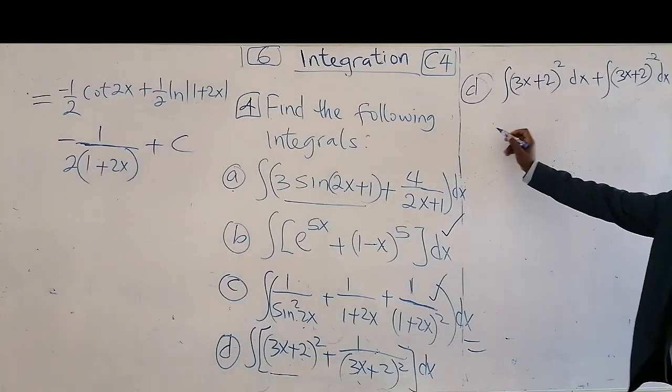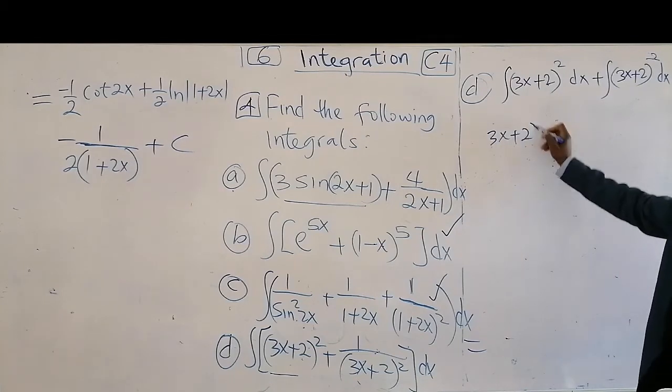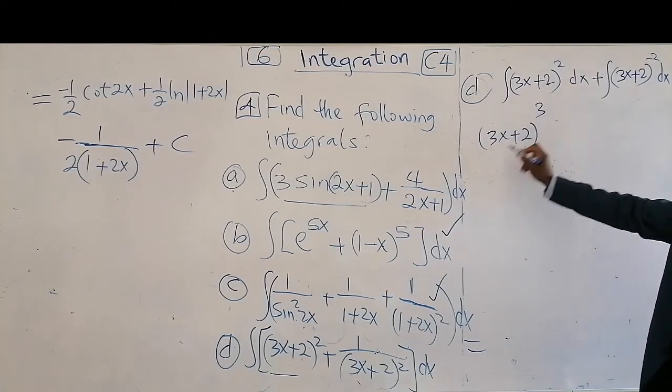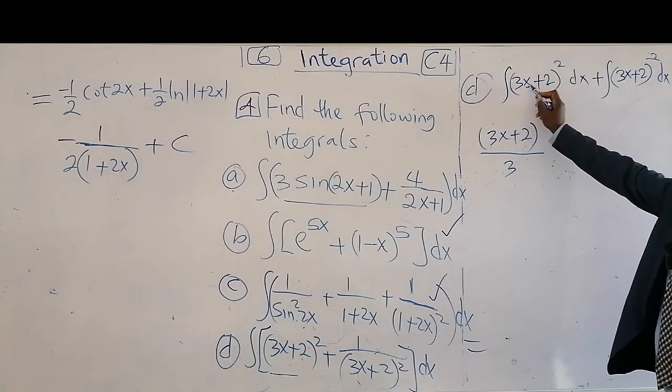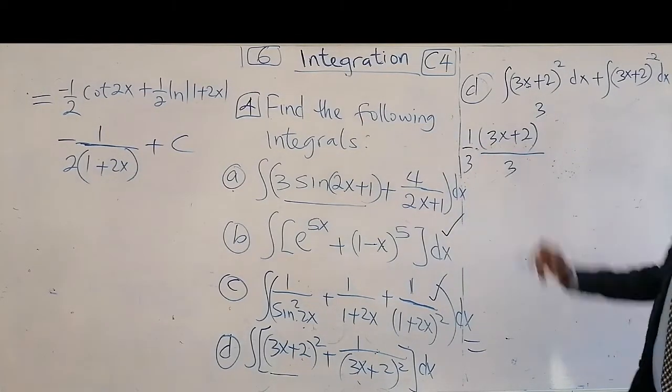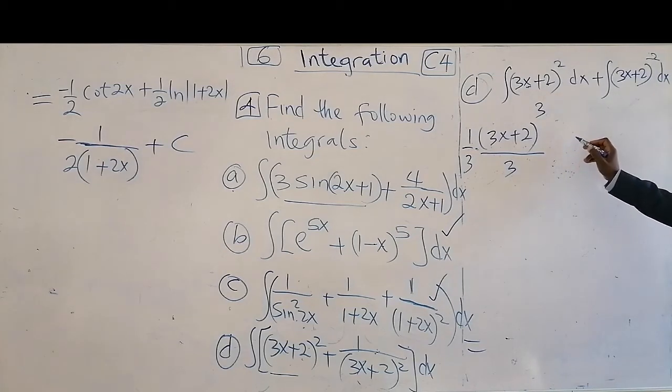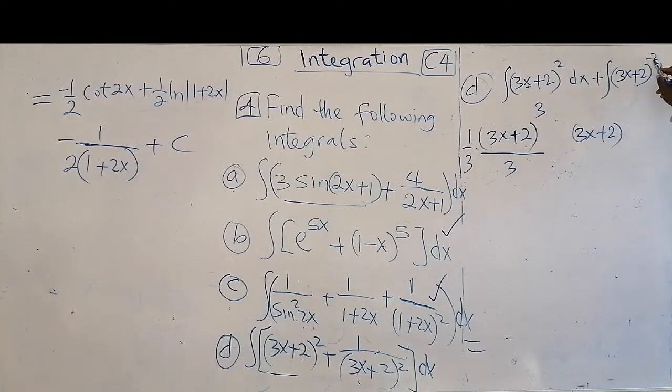So this one will become (3x + 2) to the power 2 plus 1, which is 3, over 3, then you divide by the attachment to this function, 1 by 3. Then here, this will be (3x + 2) to the power minus 2 plus 1, that's minus 1, over minus 1. Then plus c. So let's do the arrangements.